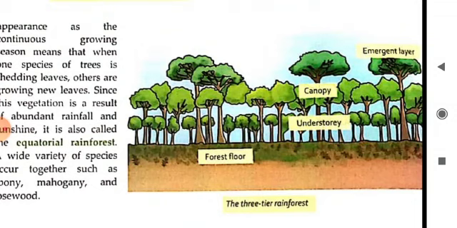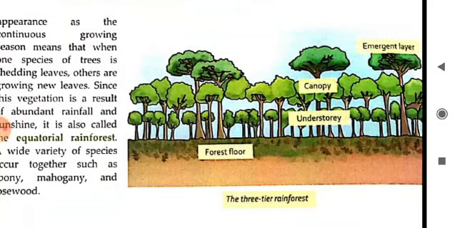Trees grow to different heights, giving an impression of a tree layer formation. The topmost layer is the emergent layer. The second layer is the canopy layer. The broad irregular crowns of these trees form a tight continuous canopy 20 to 30 meters above the ground.